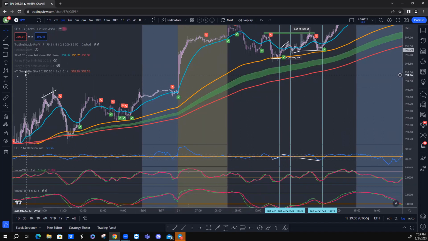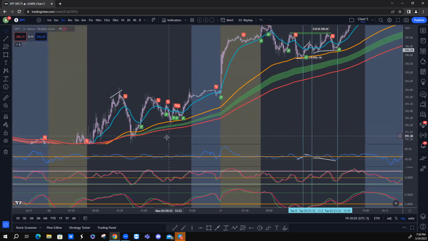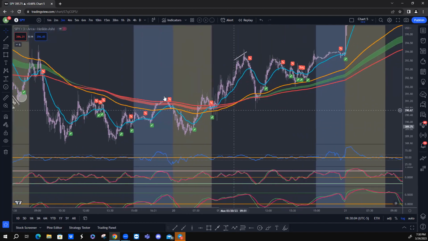This ribbon is part of a whole bunch of other stuff on the chart, but I like the ribbon, so I turned everything else off and kept the ribbon on here. Like I said, this was not planned. When I turned on my other EMAs, this ribbon was right in between the red and the orange line right here. But I'm kind of liking the ribbon.